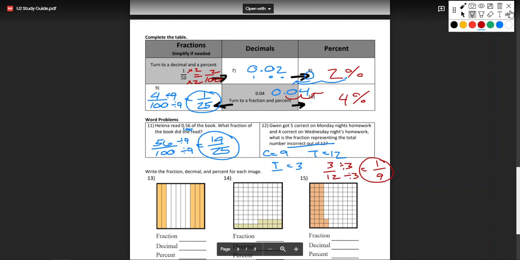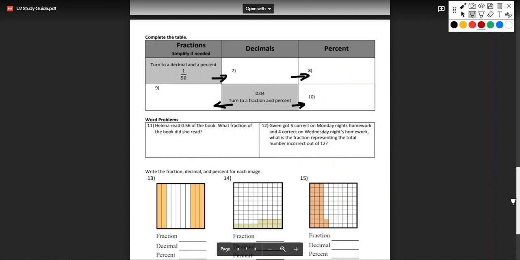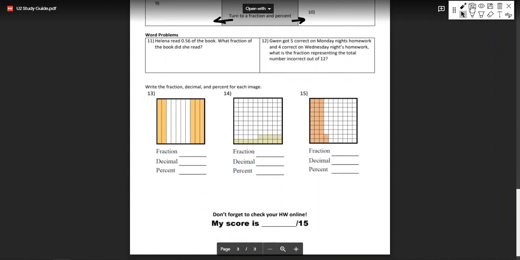All right, and now I'm going to jump down to the bottom where those percent grids were. For the first one, I'm going to start with it as a fraction. This is a 10 grid, so there are 10 pieces, and 1, 2, 3, 4, 5 of them are shaded, so 5/10. You don't need to simplify for these ones. That's 100% okay.